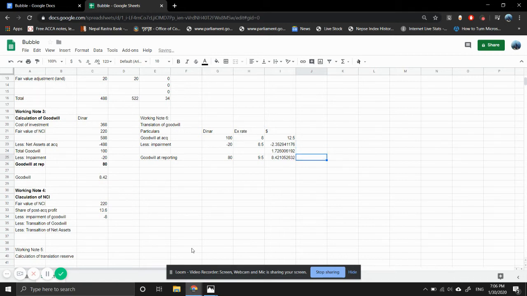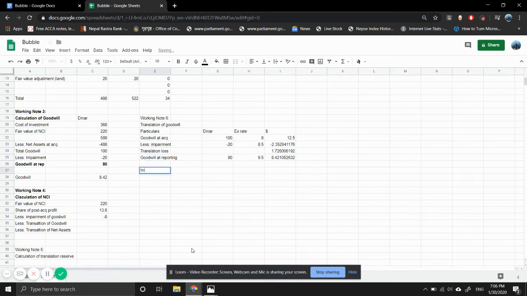So this is also minus, right? So this plus this minus this will give us 8.42. Okay, this is translation loss.